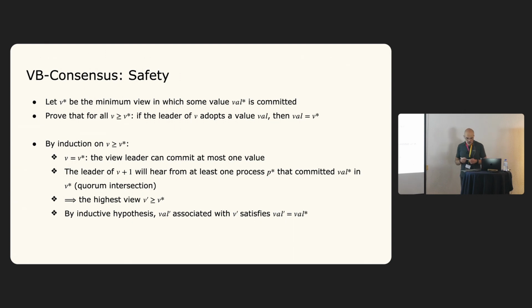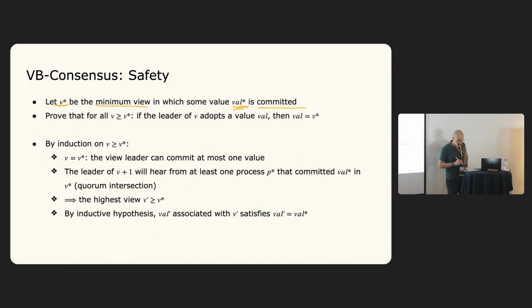This is how the proof goes, and this is a very common way to prove any protocol in this family, including Paxos. You pick a view v star, the minimum view in which some value val star is committed.